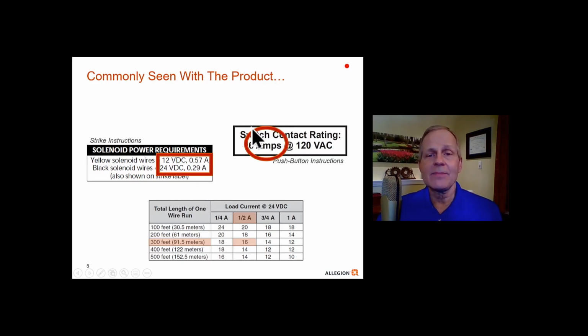Over here we can see something that says 6 amps, and then we've got this chart at the bottom of this slide that gives you some information regarding the length of the wire run, that's the distance between the devices, and the voltage that is being applied. How far apart the products are is a direct relationship to the size of the wire based on the current.